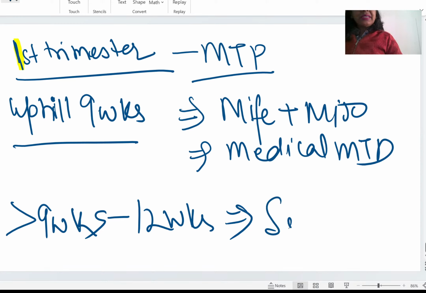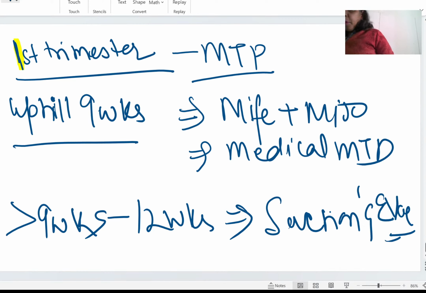Very good, it is suction and evacuation. Still, if some products are left, then we do D and C. D and C is the method which we do only if some products are left.